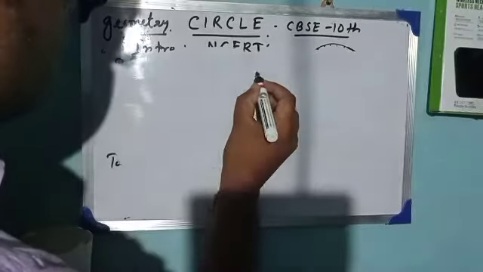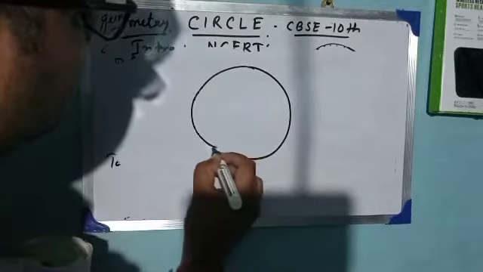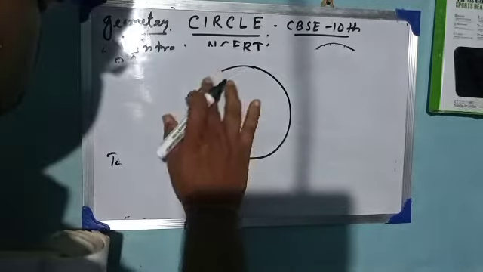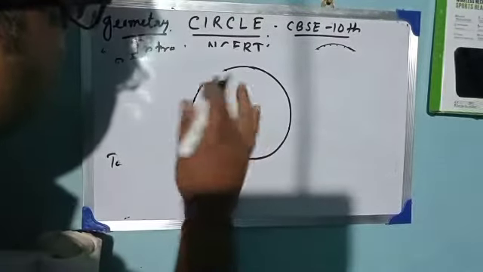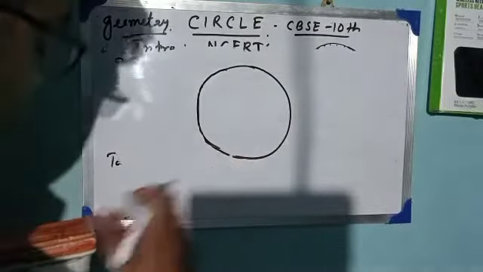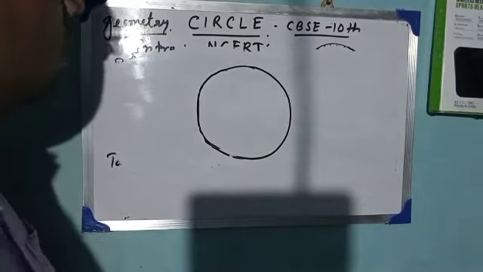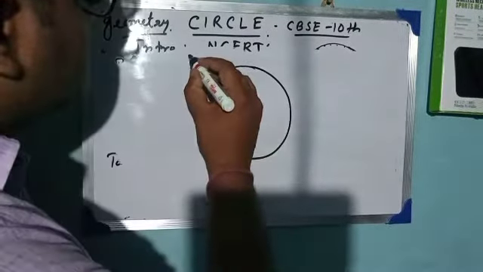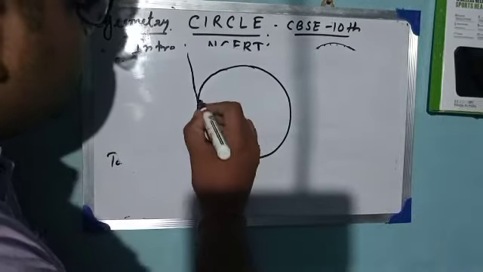Suppose I am drawing a circle. This is one circle. Now, if I draw one tangent, this is the tangent.